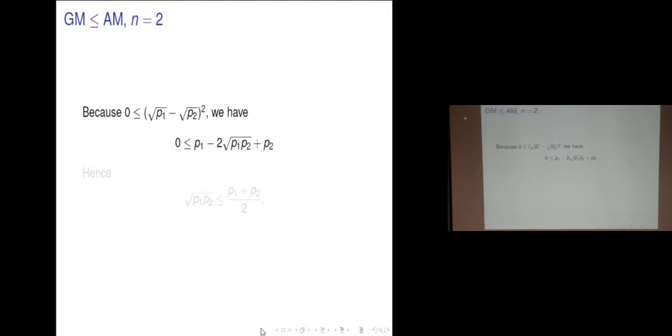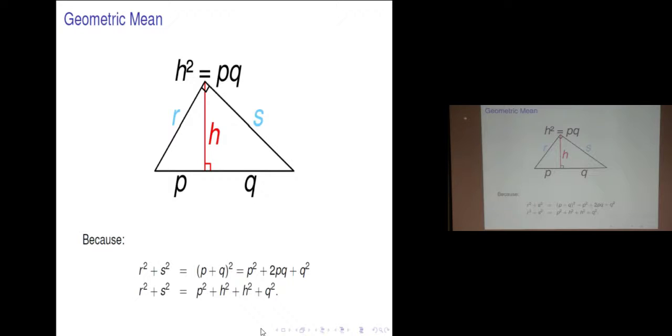Now I'm going to show the fact. First, let's see this claim: the geometric mean is always less than or equal to the arithmetic mean. From the picture, it's clear. The arithmetic mean, the average of P plus Q, is somewhere here. Imagine this is a circle.